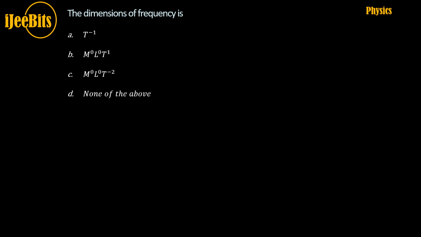Let's look at what sort of questions we may see, with a sample example. The dimensions of frequency is, so we need to understand the formula for frequency. Frequency is nothing but the reciprocal of time, correct?